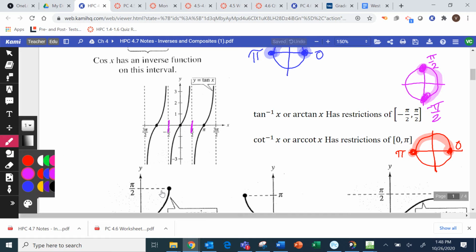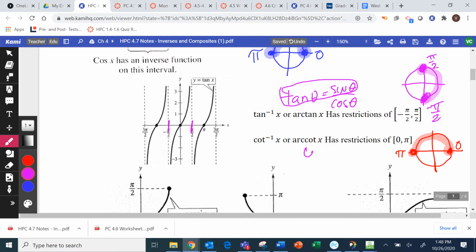With trying to remember those, I always think like tangent is sine over cosine, or y over x, and tangent and sine have the same picture, same restrictions.